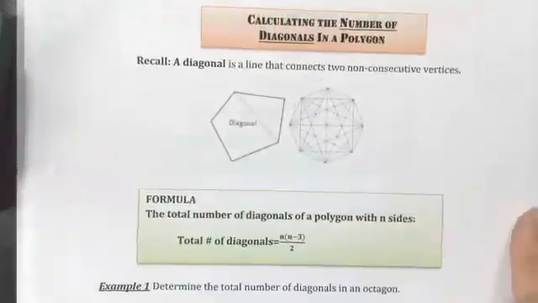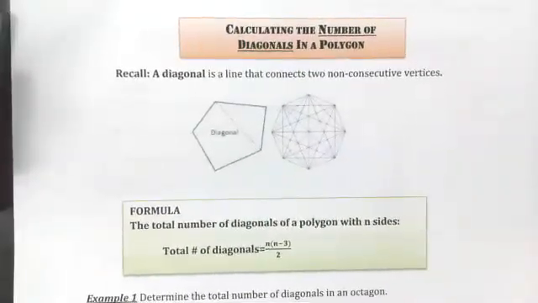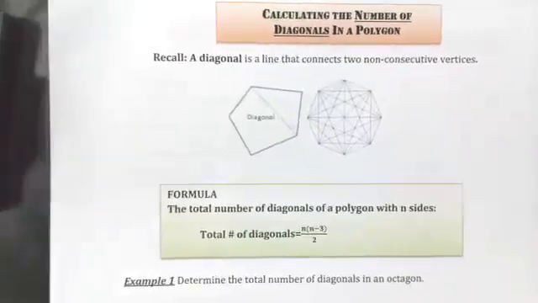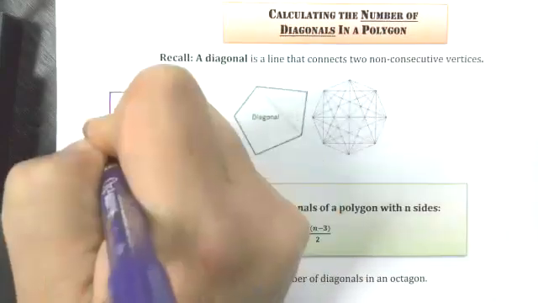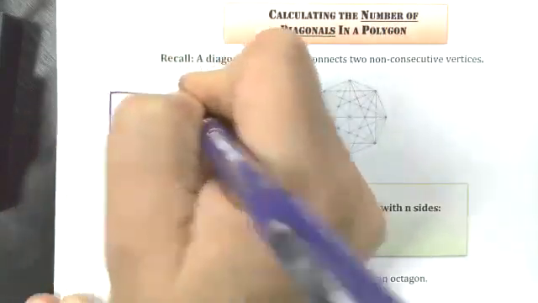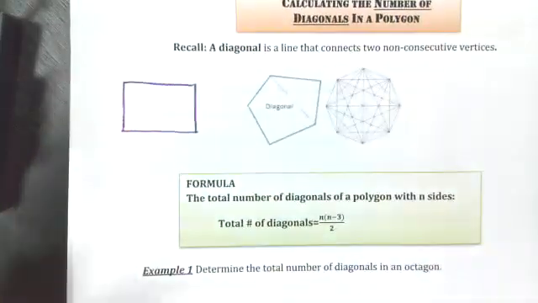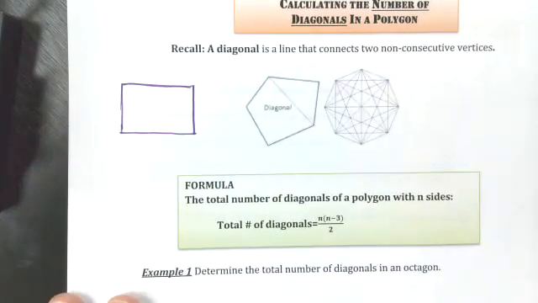So the next part is looking at the number of diagonals in a polygon. Now remember when we did rectangles, let's take a rectangle or any other quadrilateral, we said that diagonals are uniting two non-consecutive vertices.